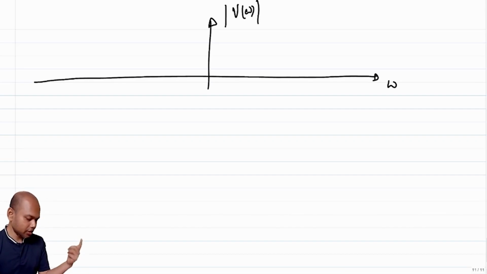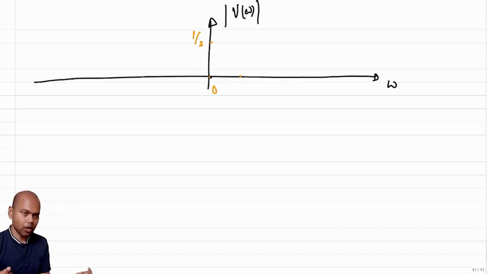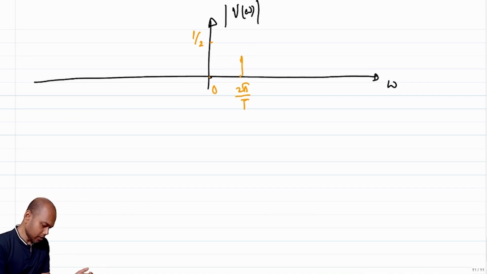The location of C0 is omega equal to 0, so I am getting 1 over 2. Then at omega equal to C1, that means omega naught, which means 2 pi over T, I am getting 1 over pi, right, 1 over 3.14, so basically 1 over pi.